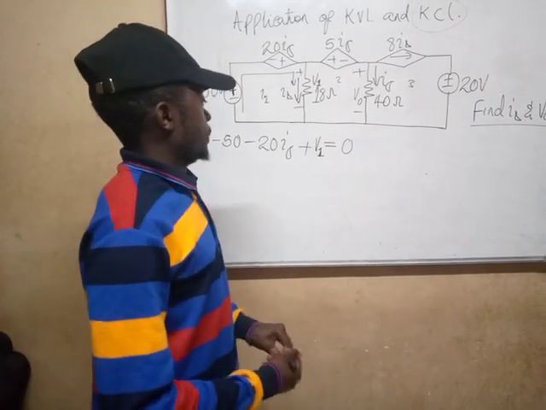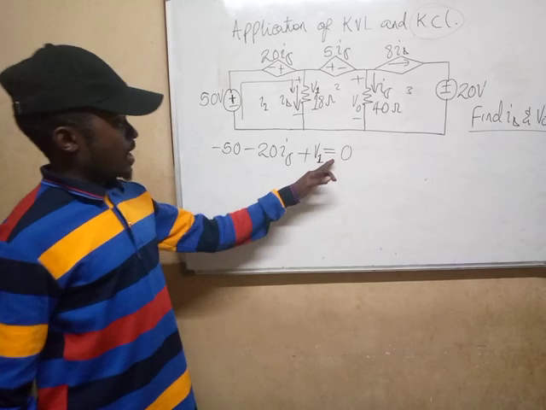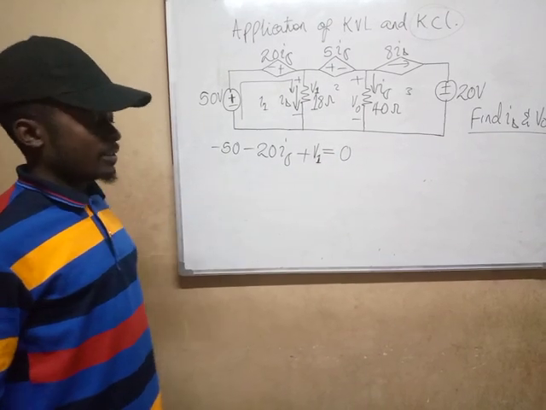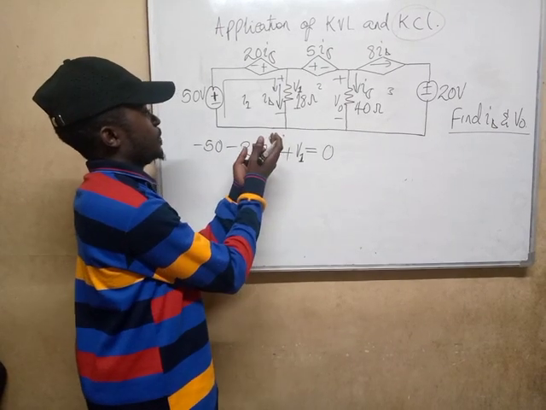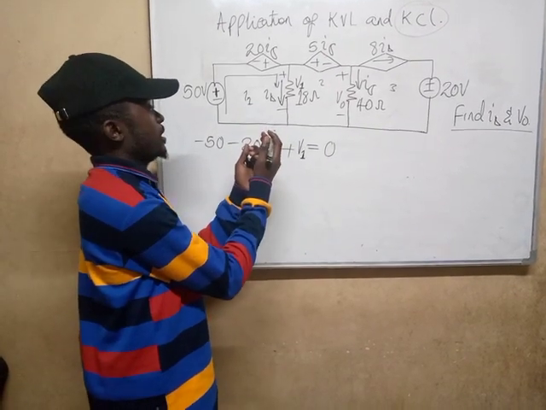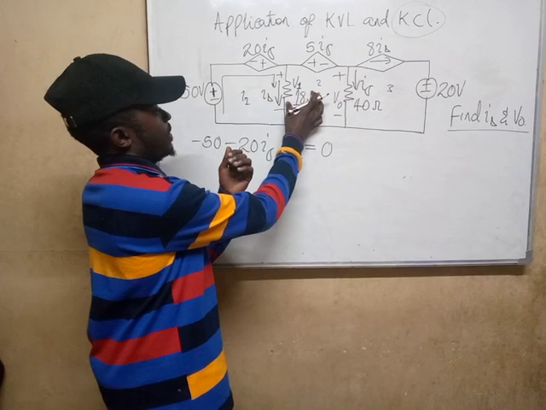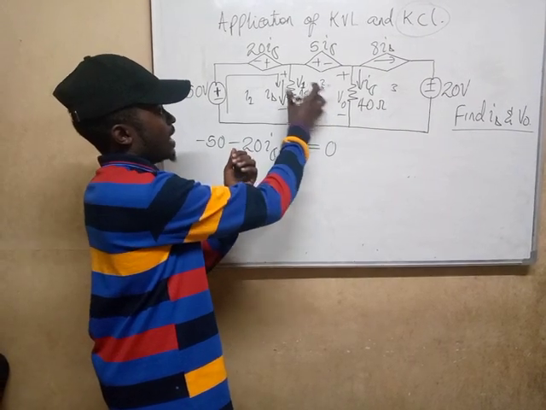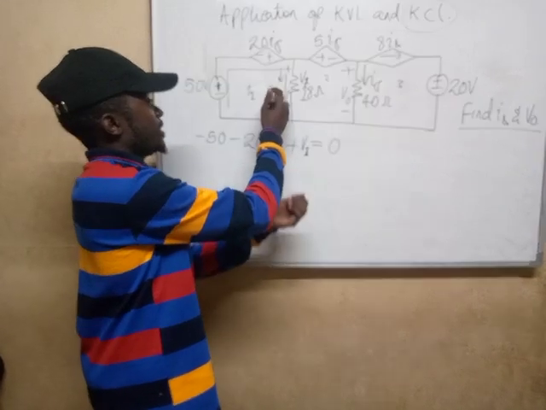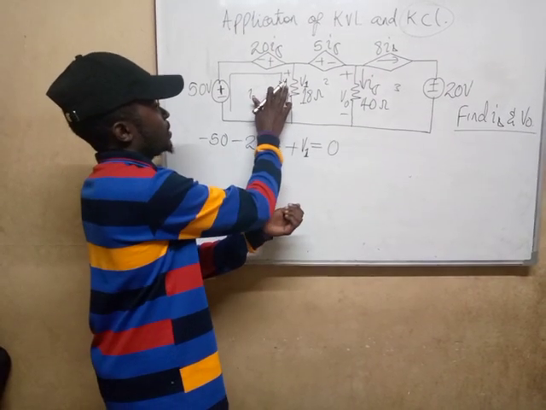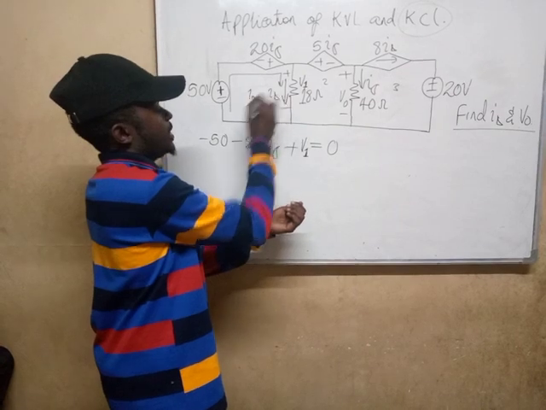So I'm going to replace V1 in terms of current. I have the 18 ohms, and the current that is going through the 18 ohms is I delta.